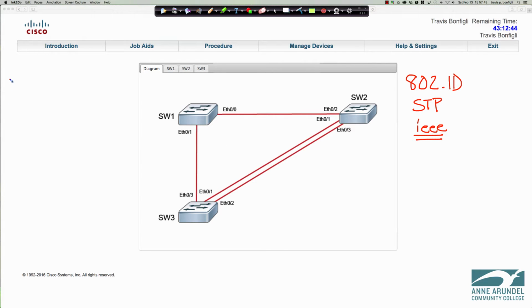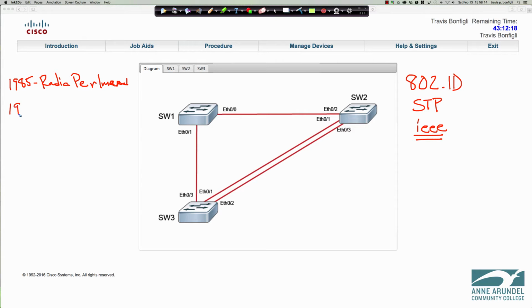So a quick background: it was in 1985 when Radia Perlman, while working for DEC, or the Digital Equipment Corporation, created the first version of what would become the spanning tree protocol.